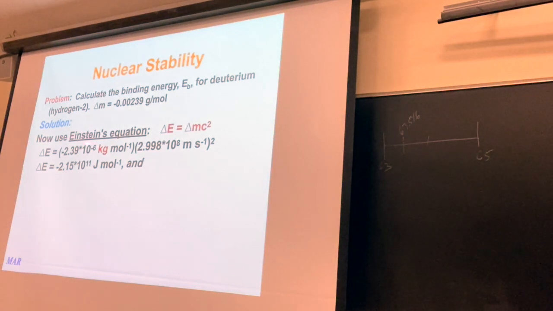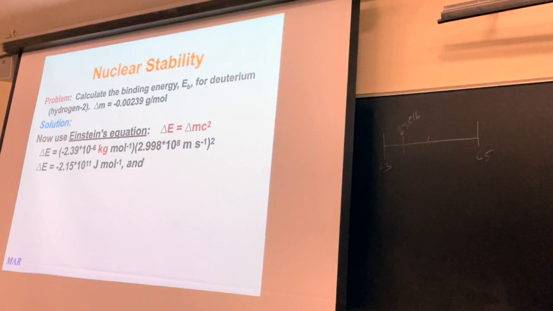So this is a smaller number by 10 to the third because I converted grams to kilograms. And I'm going to multiply it by the speed of light squared. c, 2.998 times 10 to the 8th, is the speed of light. And we get this just incredibly large number, which is a 10 to the 11th. That's the joules per mole, all right?